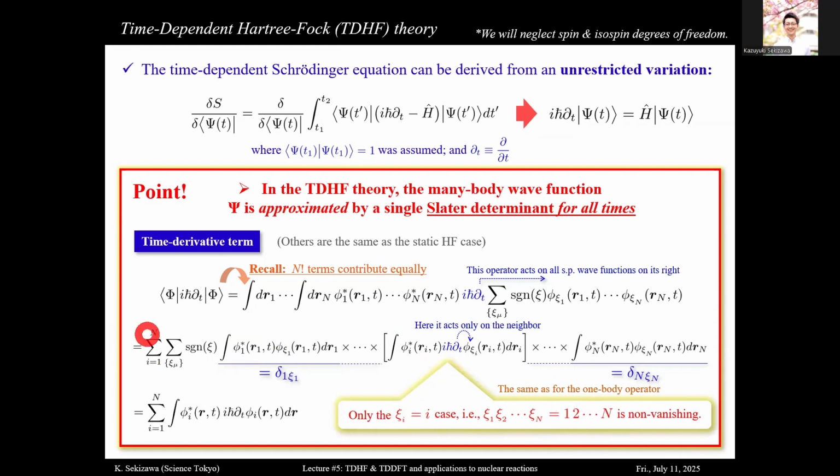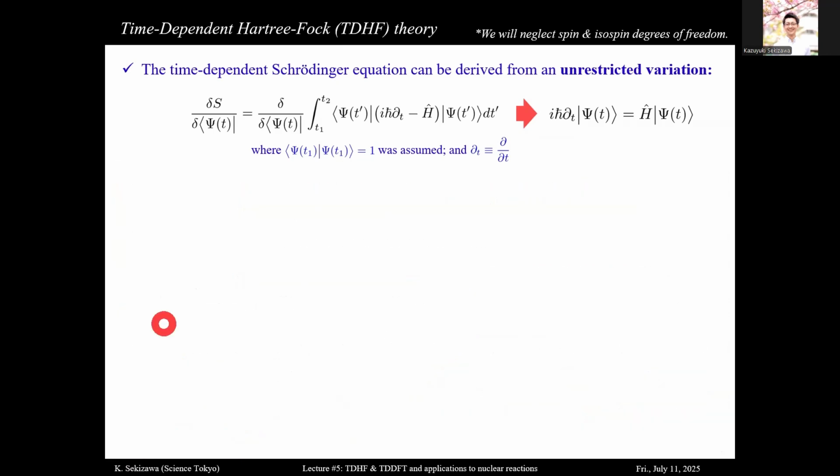The final result is the same as in the one-body operator case: an expectation value with respect to phi star and phi, with i h-bar time derivative and the summation over i in between. So this calculation is the same as for the one-body operator.